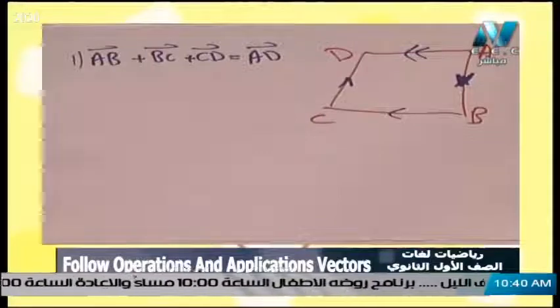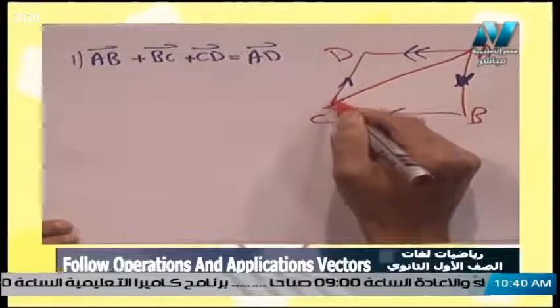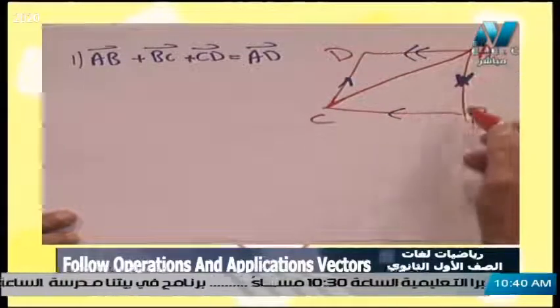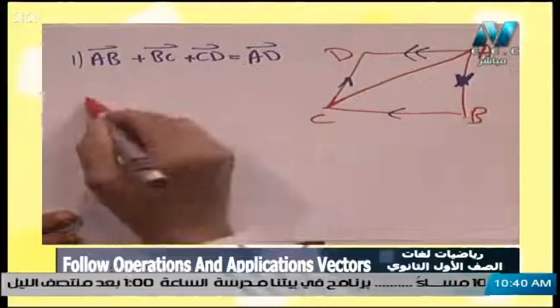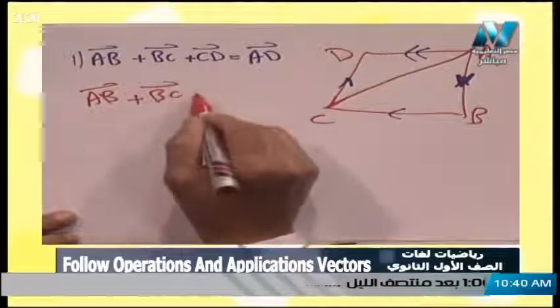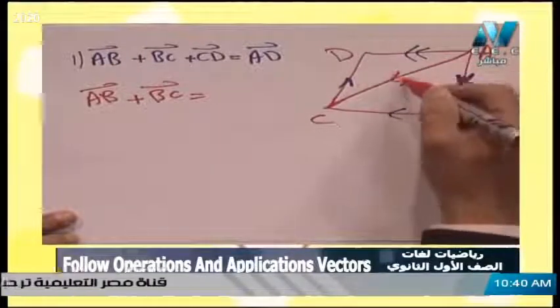It's easy to complete the triangle here to get the triangular vector, and of course the vector AB plus the vector BC will be equal to the vector AC.